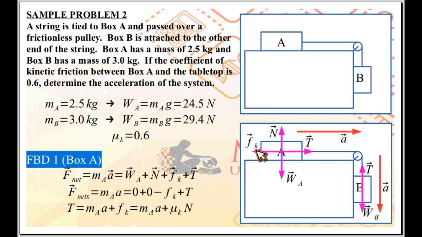Kinetic friction F sub K is horizontal, negative direction, so minus F sub K. Tension T is horizontal, positive direction, so plus T. Isolating tension T, we have T is equal to M_A A plus F sub K. F sub K is just equal to mu K N.